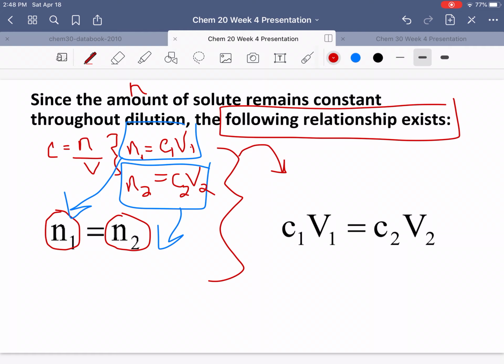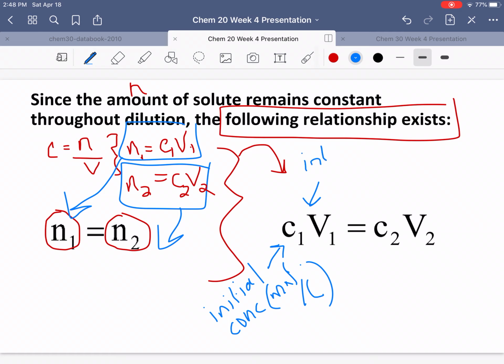Within the context of this equation, the actual variables are pretty logical. C1 is going to be our initial concentration, and concentration, of course, is in moles per liter. No difference there. V1 is going to be our initial, or starting, volume, and your initial volume is going to be in liters.